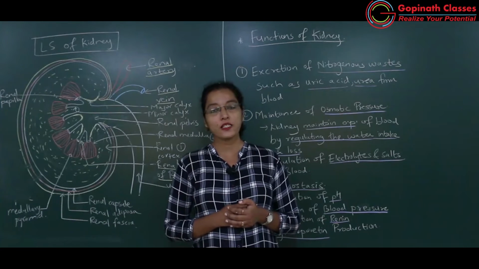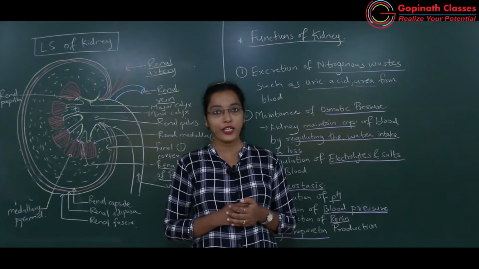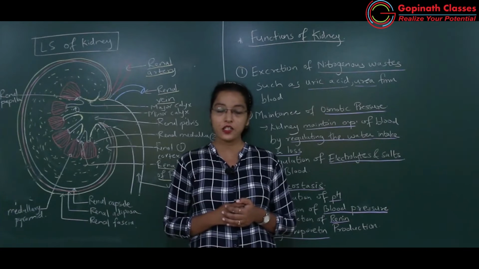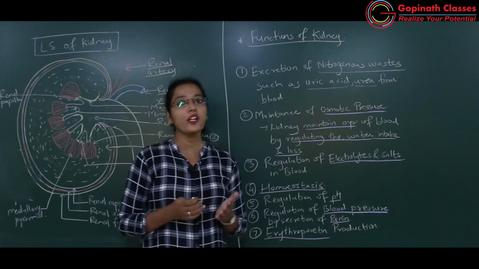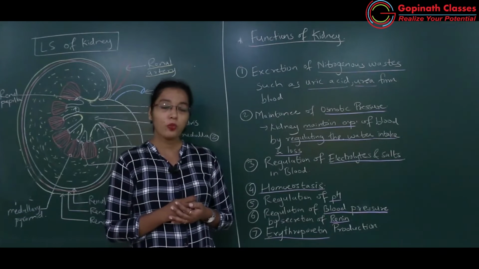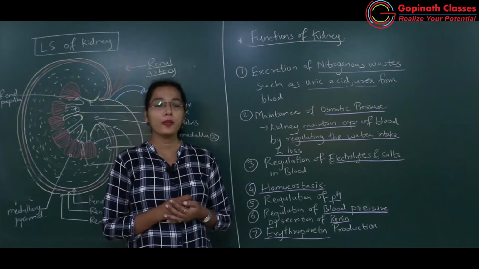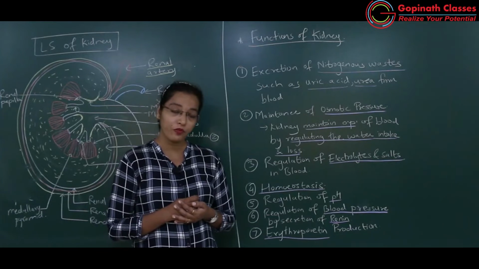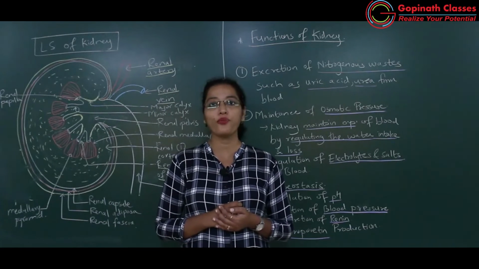Then many salts, bicarbonate, sodium bicarbonate, potassium bicarbonate is present. So these salts have to be balanced in the body fluid. So maintenance of the salt balance is also one of the very important functions of kidneys.